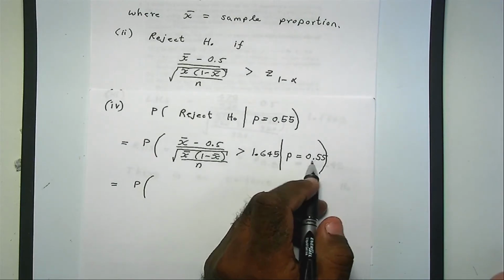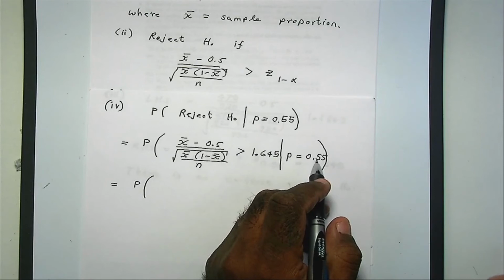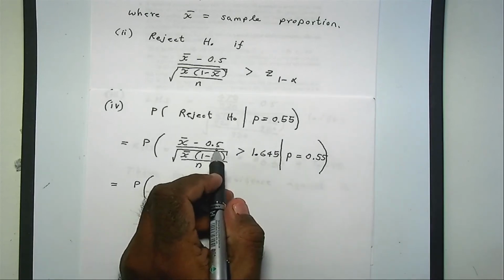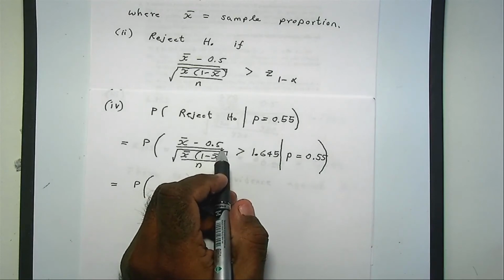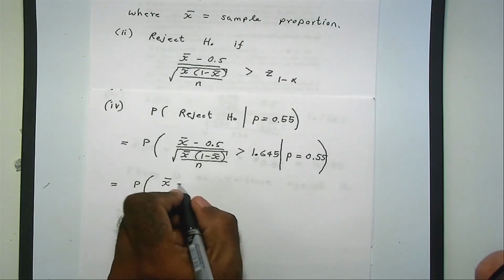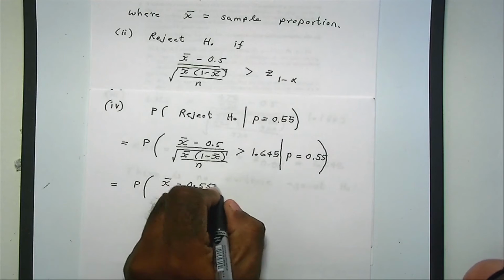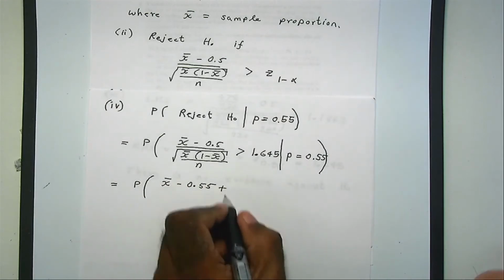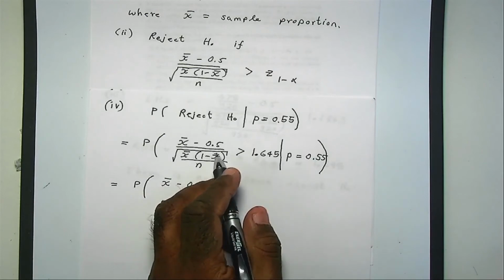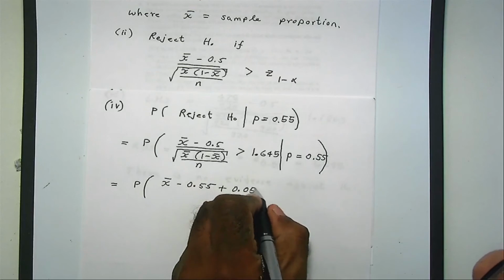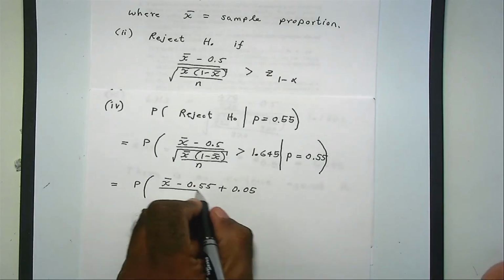So what you need to do is to change 0.5 to 0.55. To do that, I'm going to do the following. Now, since I have changed it, I need to add something to make it back to 0.5. So I'm going to add 0. See what we've done.